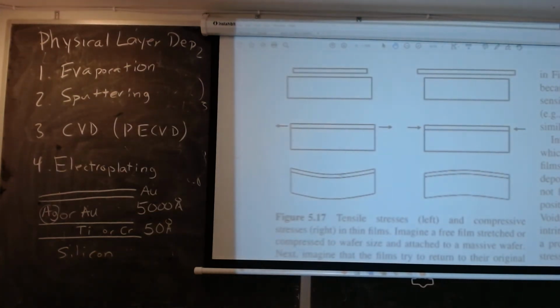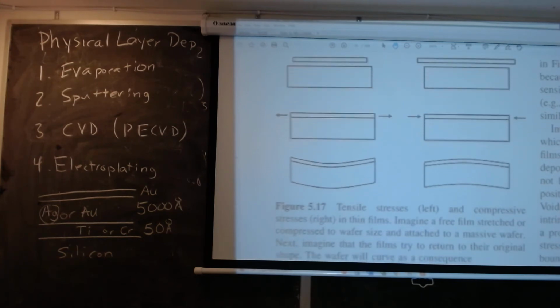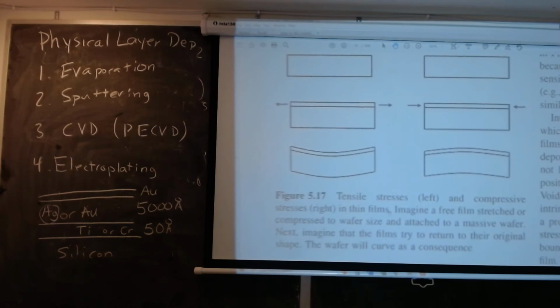That's why I don't like this intermediate picture, because that's kind of opposite what's going on. The thin film is trying to make itself smaller, and it then pulls up the side of the wafer like this. Whereas in compressive stress, the thin film is trying to make itself bigger, and so it pushes down on the side like that. This is tension. This is tensile. This is compressive stress.